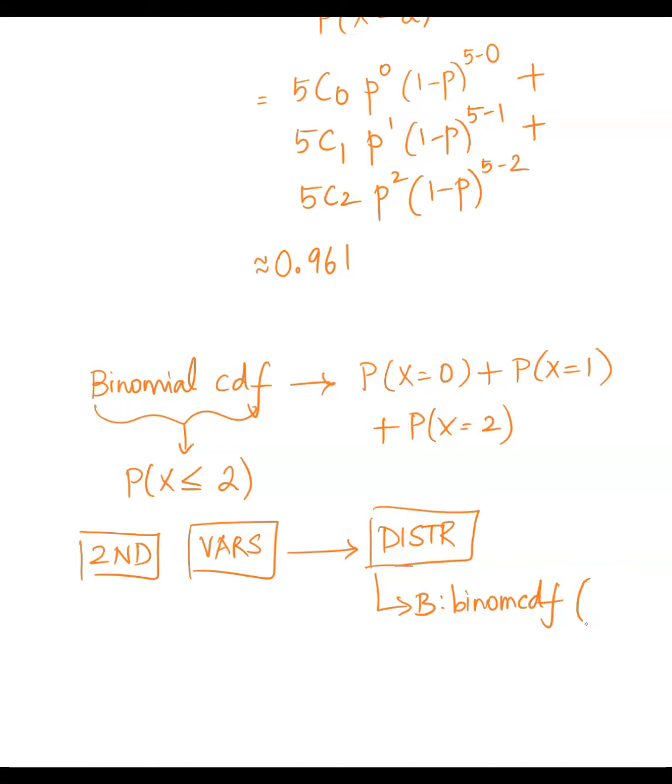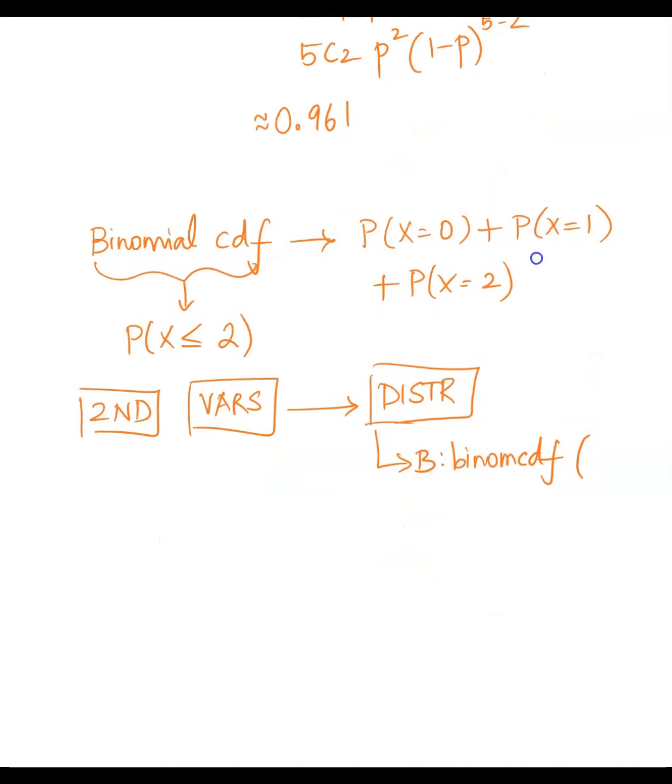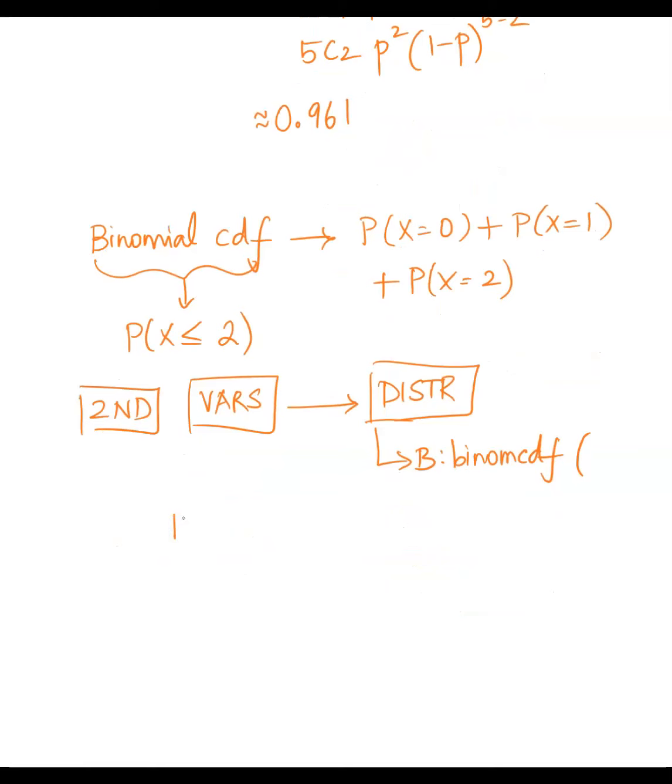Okay, so hit that. It says the number of trials, enter 5. For P, enter 1 over 6. So trials, P 1 over 6, and X value. It only asks for one value because it's already going to do the cumulative action for you. And then enter paste.